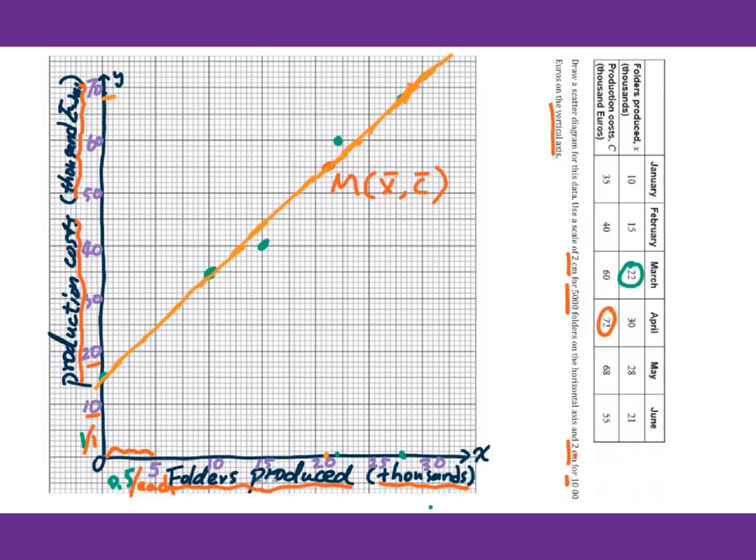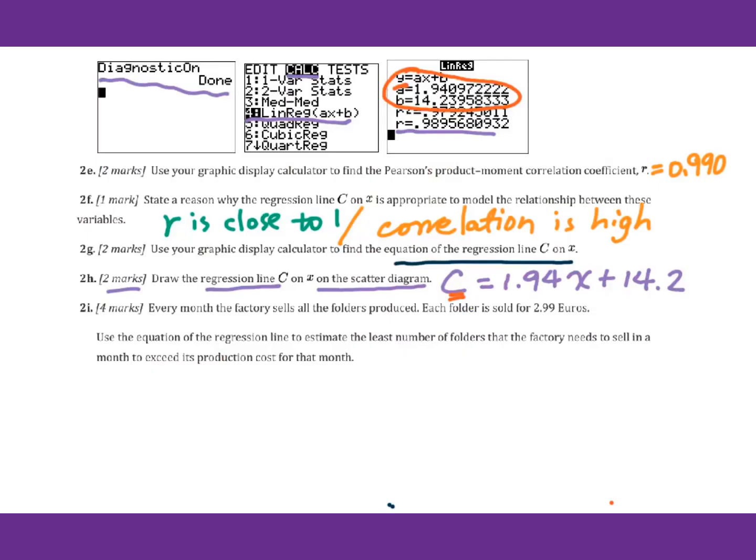Remember, pass through this mean point and also this 14.2. Since you already figured out the equation of a regression line, C equals 1.94x plus 14.2, when you sketch it, show this 14.2 and also this mean point.